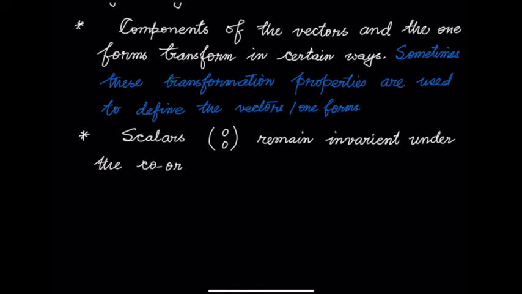Remember that for the coordinate transformations, we said that there can be 10 transformations: 4 translations, 3 space-space rotations, and 3 space-time rotational Lorentz transformations or boosts. Now, for each transformation, I can define a scalar. For example, right now I am talking about scalars which are invariant under all rotations.